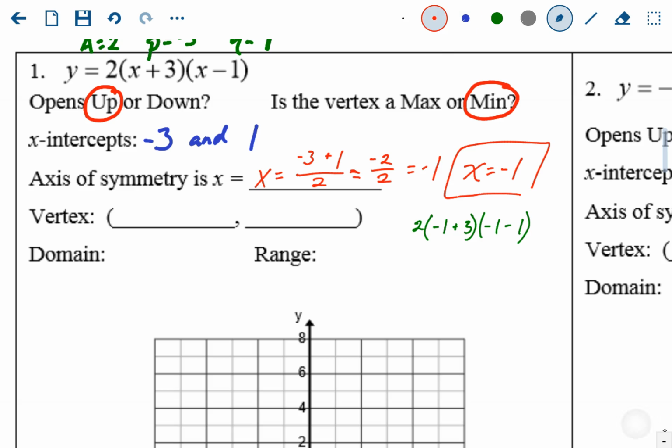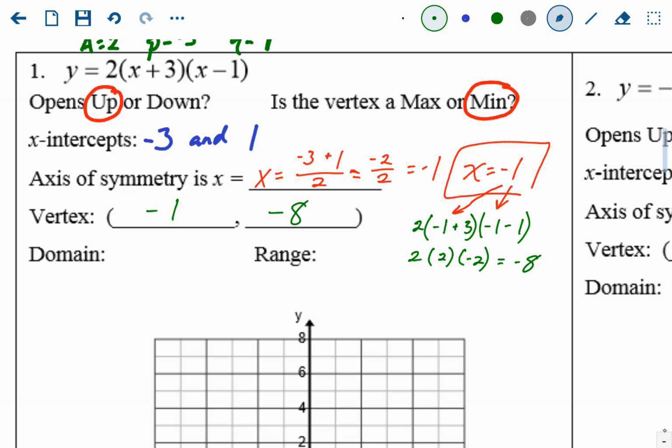So again, those negative 1s are just plugged in from the X value of the vertex, which is the axis of symmetry. All right, so we evaluate this. We got 2 times 2 times negative 2, which is negative 8. So our vertex is the axis of symmetry, negative 1, and the Y value, which we just found, negative 8.